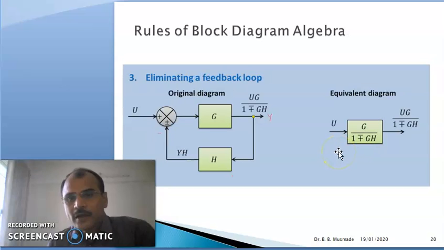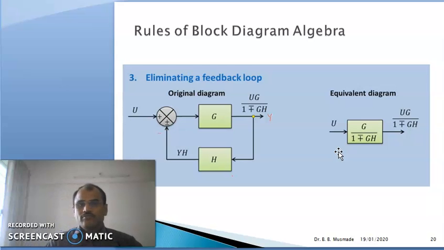Okay, the interesting part of block diagram reduction is when a certain loop is there, either positive feedback or negative feedback. See, this is a typical feedback loop, either positive or negative. Look at the sign. Plus is written first and minus is written second.